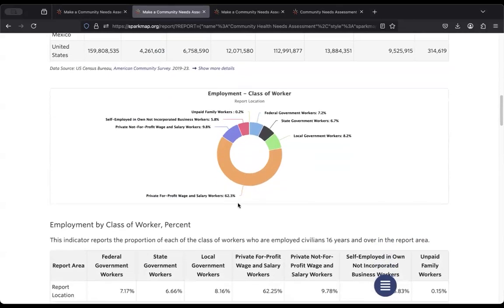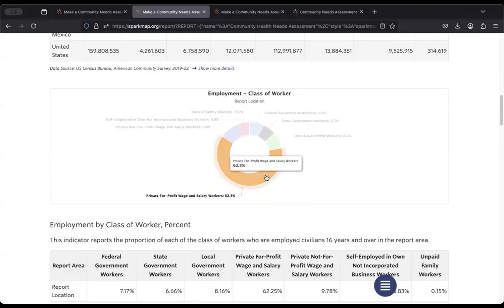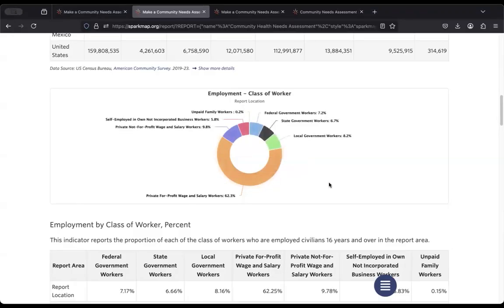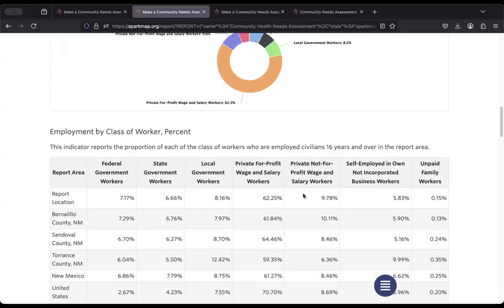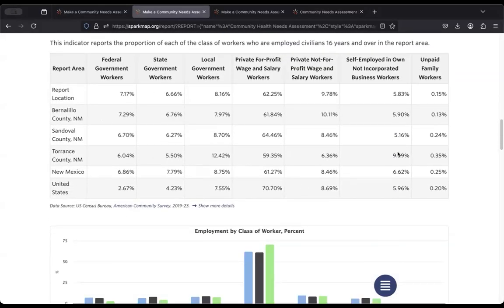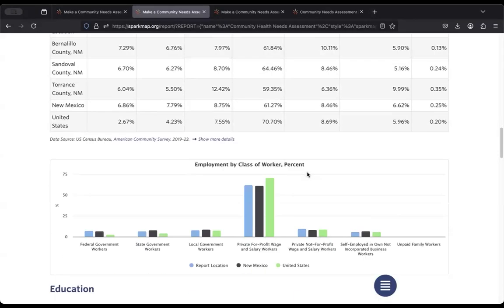We can see how that breaks out in this nice little donut chart that gives us a little bit more information. We can see most folks are working for for-profit companies, so there's going to be some stability provided there by all of those for-profit workers. And then this is the same information, just broken out by percentage. So nothing too new here.